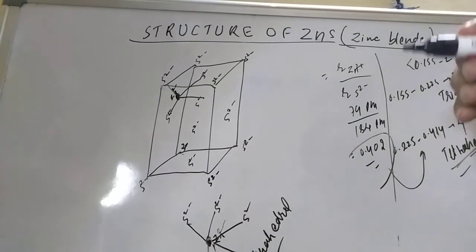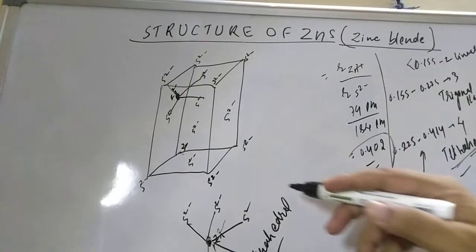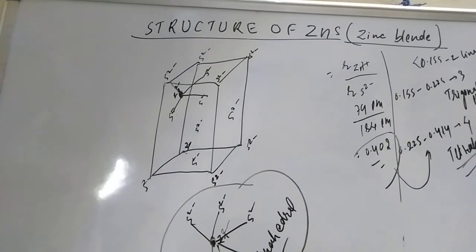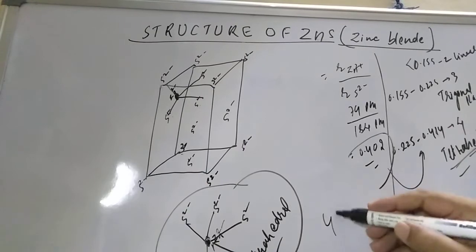We can do that for S2- also, but this is enough. We can understand with the help of one diagram, one tetrahedral structure, because 4:4 is there.